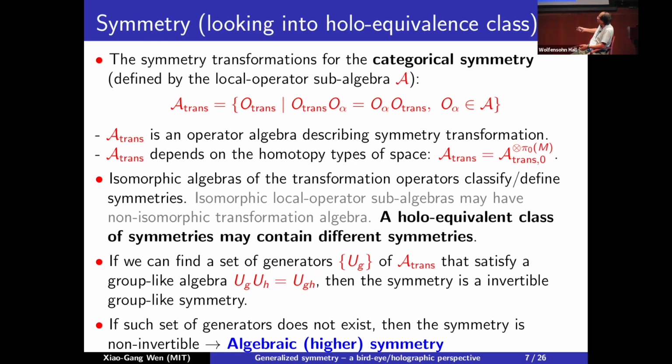And certainly we also have a similar thing: isomorphic algebras of the symmetry transformation describe the same symmetry, or equivalent symmetry. But this equivalence is smaller than the whole equivalence I described before. So it's a smaller class. It's a more refined characterization.